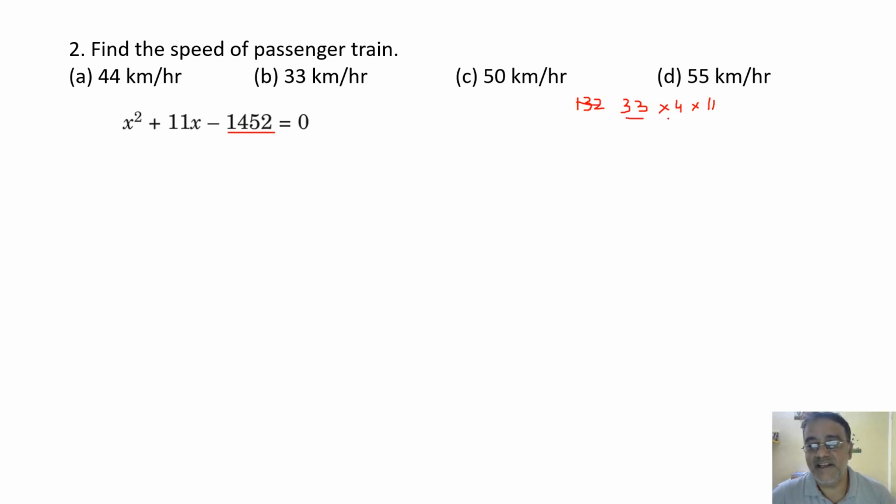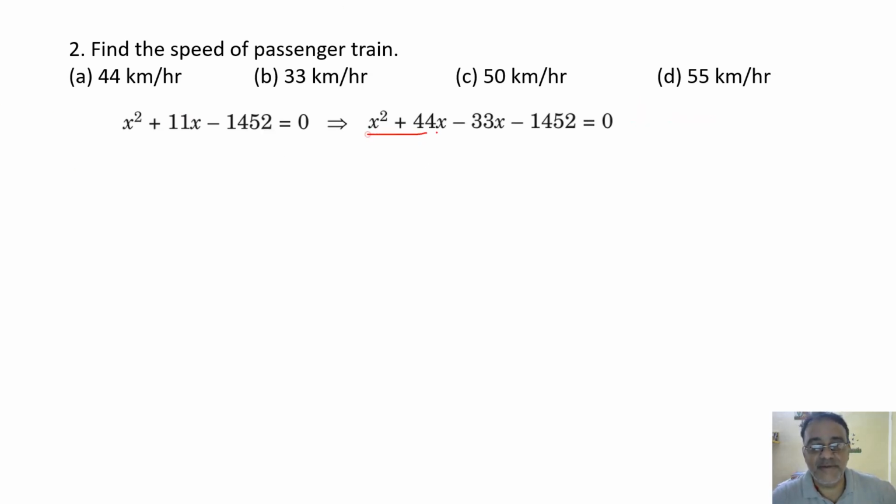So 33 और 44 का जो difference है वो x आ रहा है, देखो, because product is negative, so product के दो factors का difference 11 होना चाहिए. So and sum is positive, so plus 44 minus 33. This step is clear? Yes, sir.